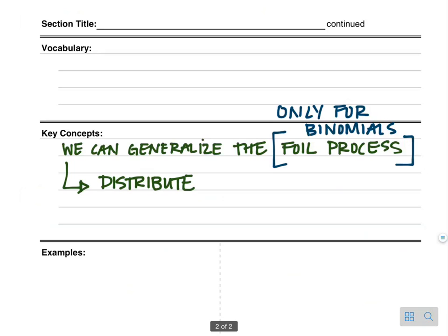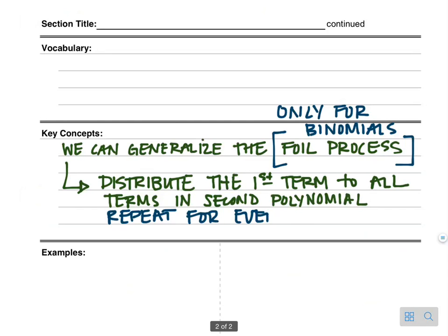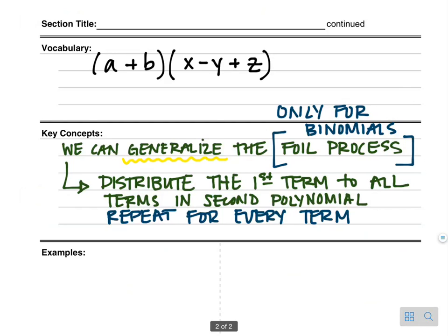And we're distributing the first term to all the terms in the second polynomial. And we would go ahead and do that same process. We'd repeat that same process with the second term being multiplied to all of the terms in the second polynomial. And so forth.